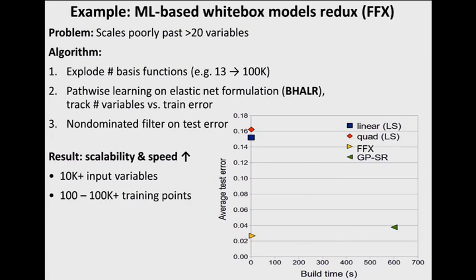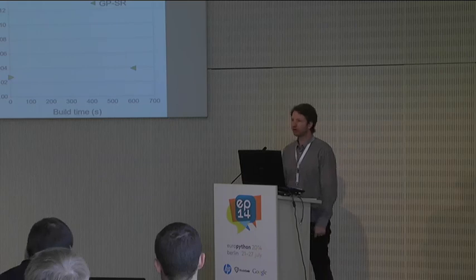And then when you're doing this pathwise learning, the pathwise part, it basically is tracking the complexity versus training error over time. So it starts off by saying, I have 0 coefficients, and I'm only using a constant, basically. And then I have 1 variable that kicks in to reduce my training error by a little bit, and then I have 2 coefficients that kick in to reduce my training error a little bit more, and you keep going until your training error stagnates.